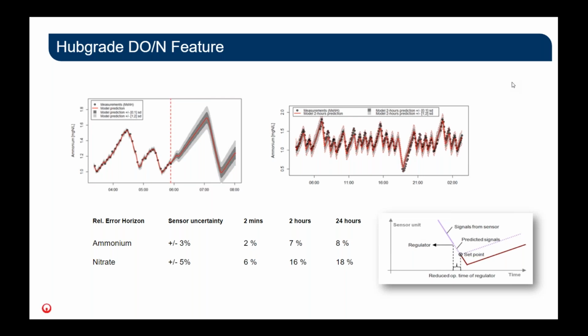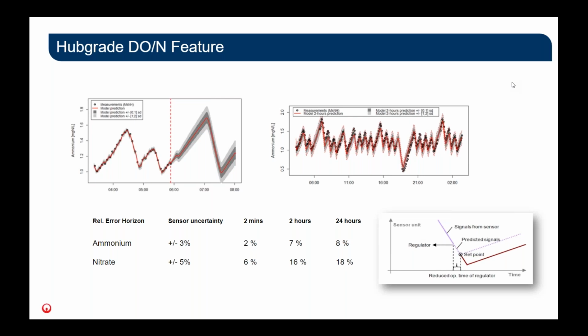So the type of instrumentation used to monitor ammonia, to monitor nitrate, does need to be suitable for the specific purpose that we're looking at here. That is where the system is set up with automated data quality checks.